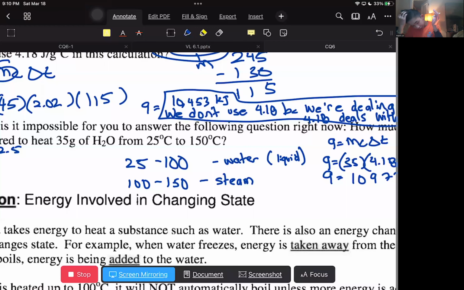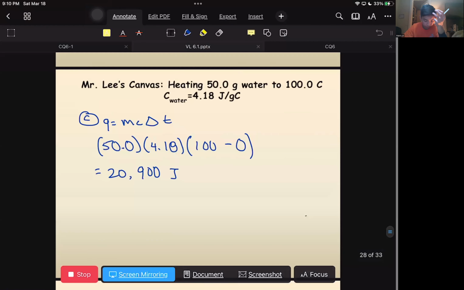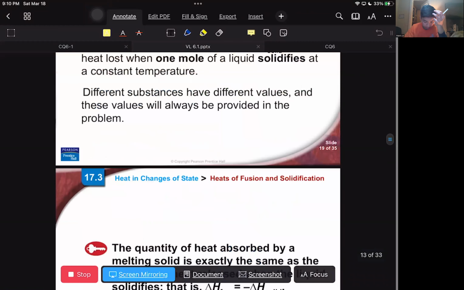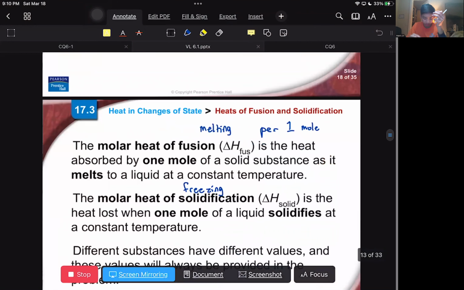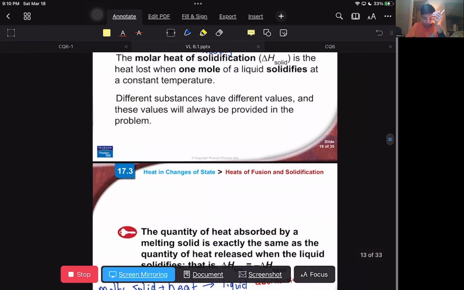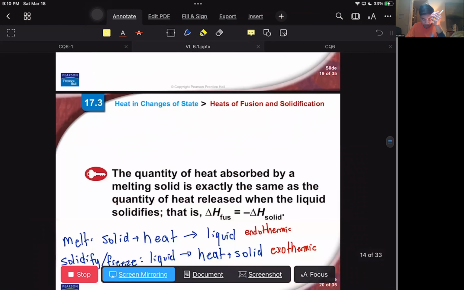Okay, so basically it's just the mass times the enthalpy, the heat of fusion change. It's up here, the molar heat of fusion. It's kind of embarrassing.